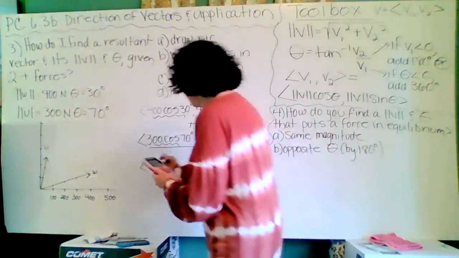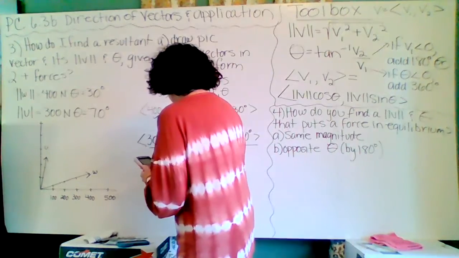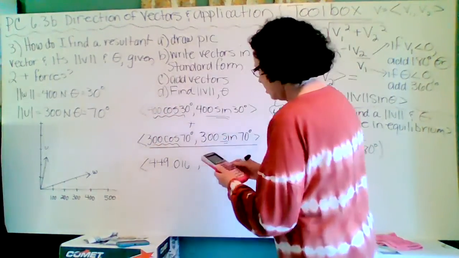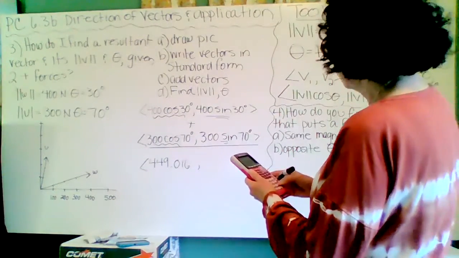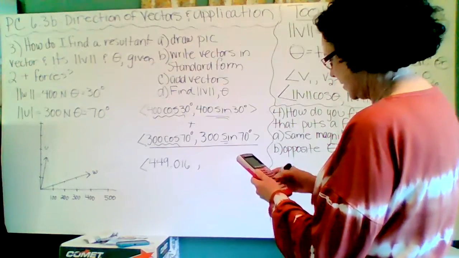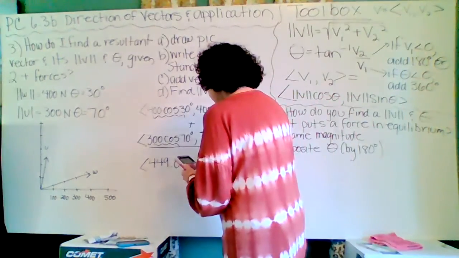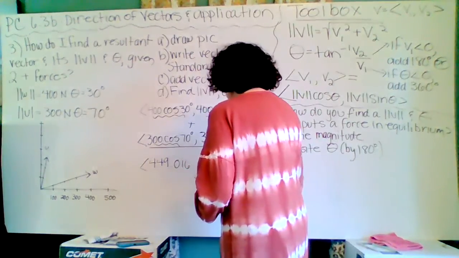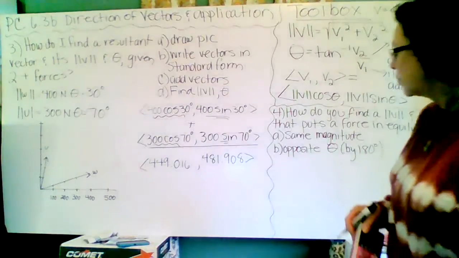And I get 449.016. Okay, same for vertical. I have 400 sine of 30 plus 300 sine of 70. And I get 481.908 is that vector.